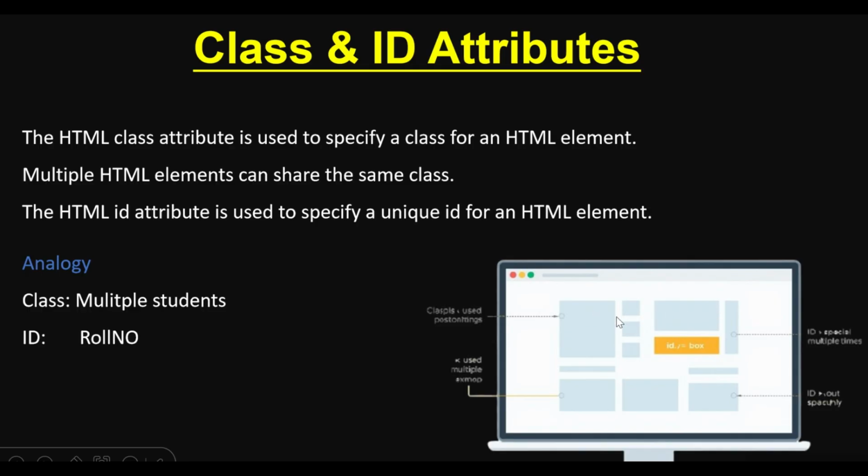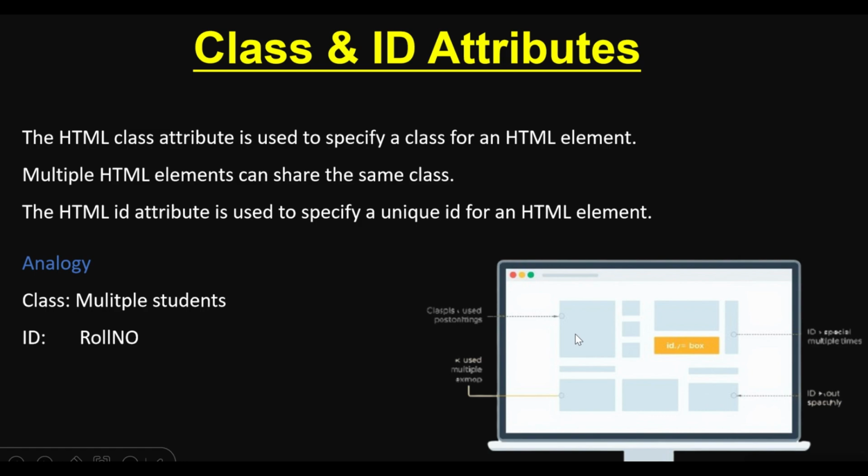So a class can be shared by multiple elements, but you can see this orange box is unique among all of these elements. So for the unique element we will use the ID attribute. For the same multiple elements we will use the class attribute, and for the unique element we will use the ID attribute.